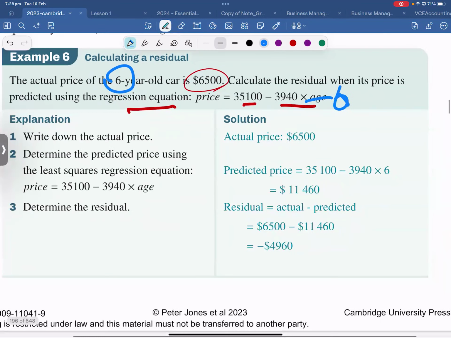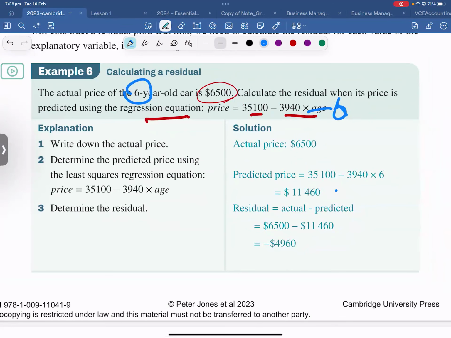Then we can calculate. So the predicted price is going to give us 11,460, which you guys said 12,000. And then the actual price, we said 6,000, but it is technically 6,500. However, remember our residual was 5,000, which is also correct. So it is 4,960.